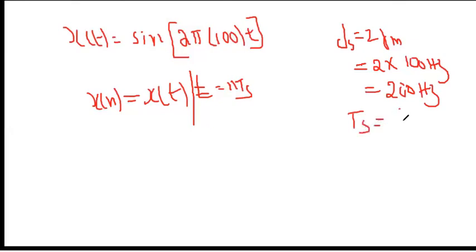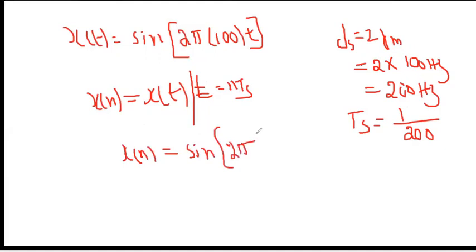Ts is equal to 1 by 200 hertz. Converting to x of n, the discrete time function, by substituting t is equal to n into ts, x of n is equal to sine 2 pi into 100 into n by 200.